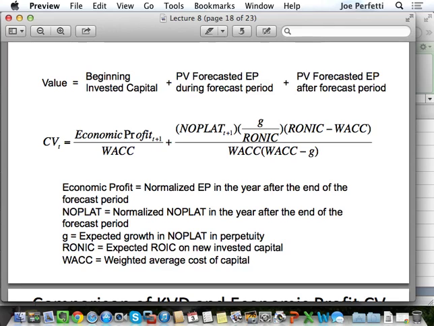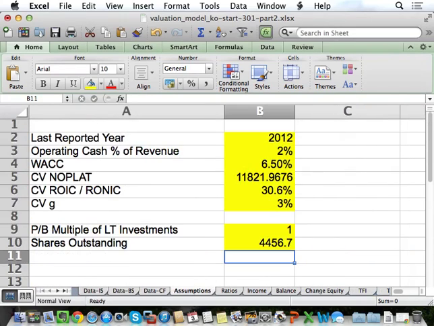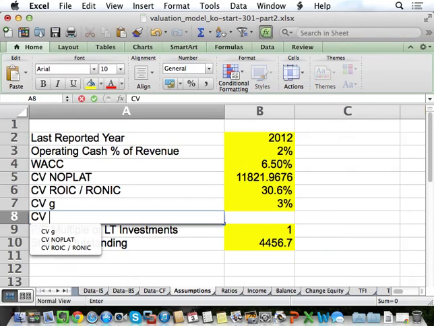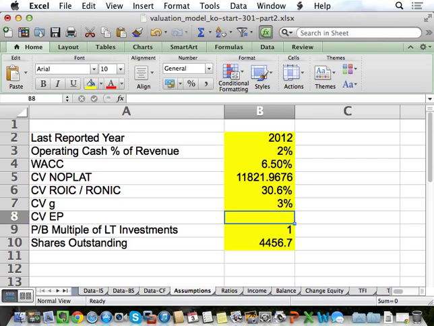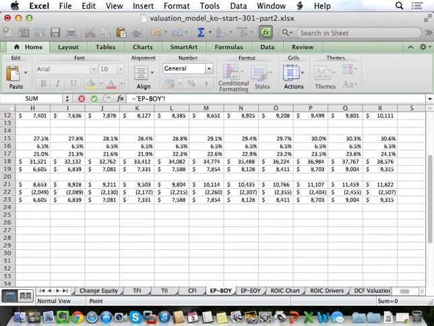So I'm going to go back to my assumptions tab, and I've left row 8 blank for a reason. I want my continuing value of economic profit. That is my 2023, or year 11, T plus 1, EPBOY.